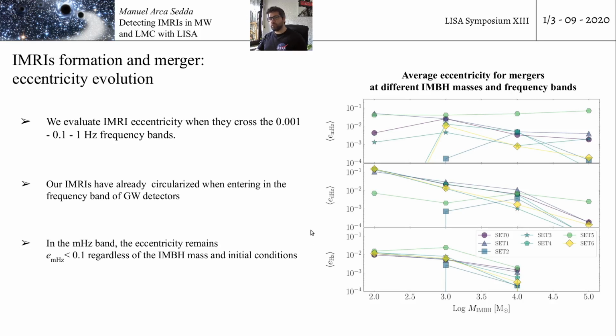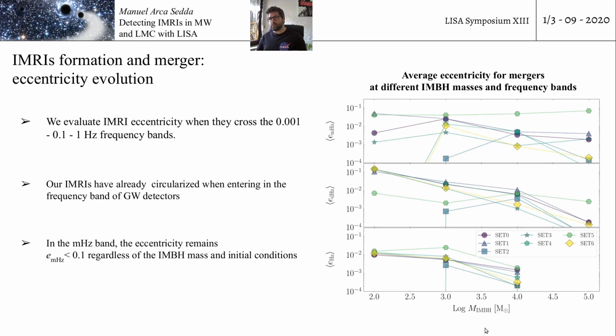Another important parameter is the eccentricity of the IMRI, especially when this is transiting into frequency bands of interest for gravitational wave detectors. In this case, I'm showing the average eccentricity for different values of the IMBH mass, and for different values of the frequency band: millihertz, decihertz, hertz.